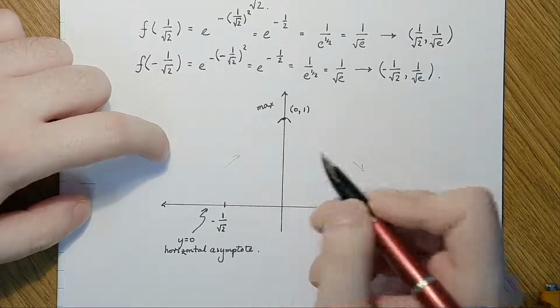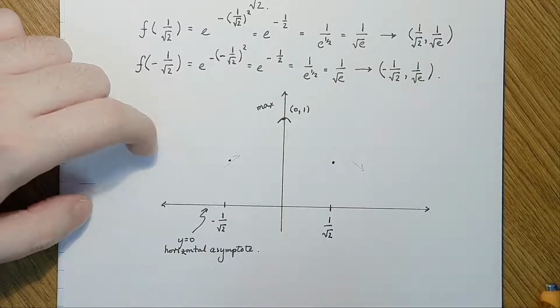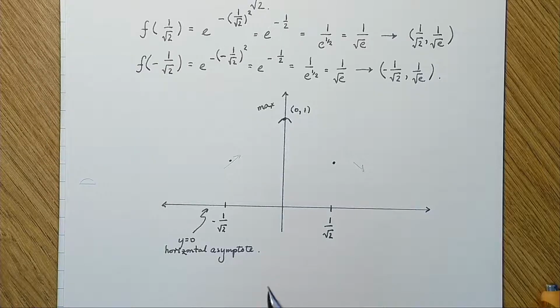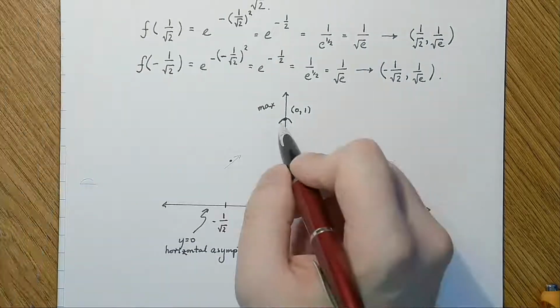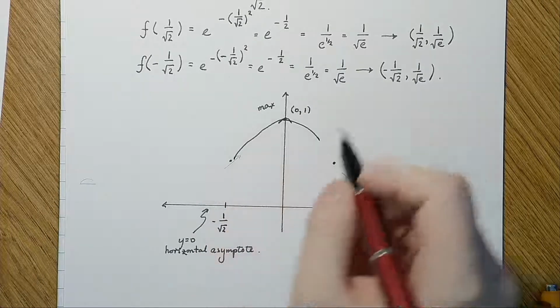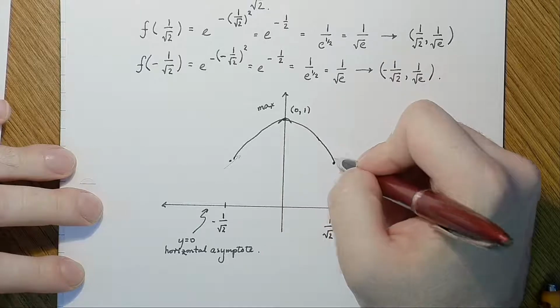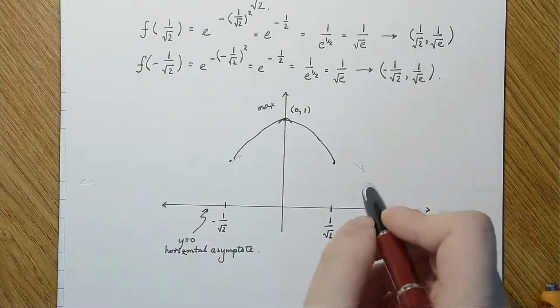Around there, and 1 over root 8, so let's say there. And we're told that between those points it's concave down, so it's got to go concave down. At that point it switches and goes concave up.